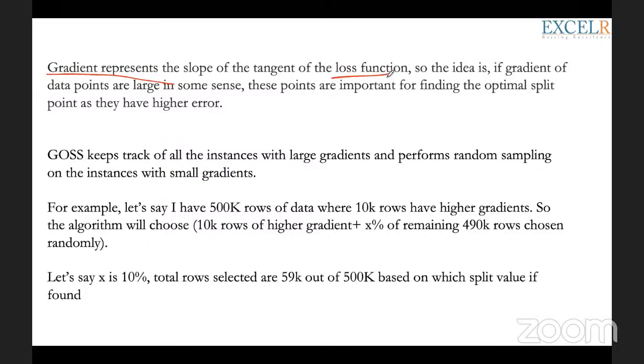The idea here is if the gradient is more for a data point, let us say data point 1, then I can say that this data point has a high error. If the gradient is very low for a data point, that means the error is low for that data point.